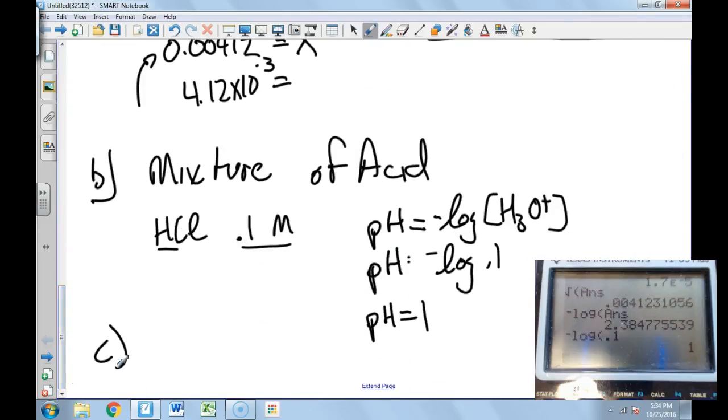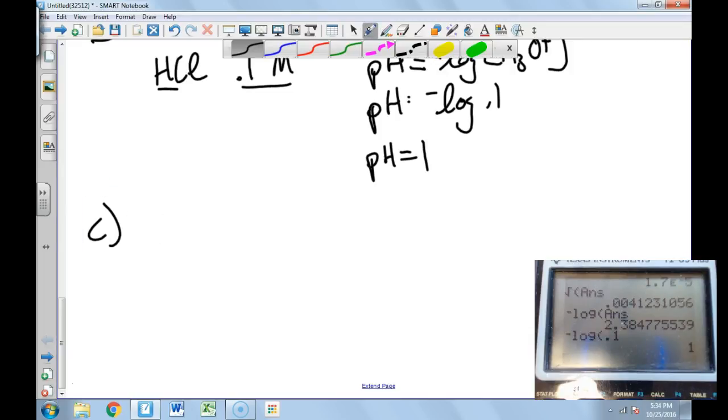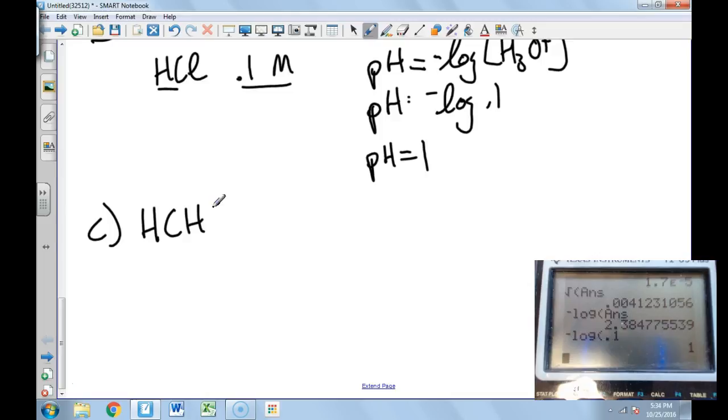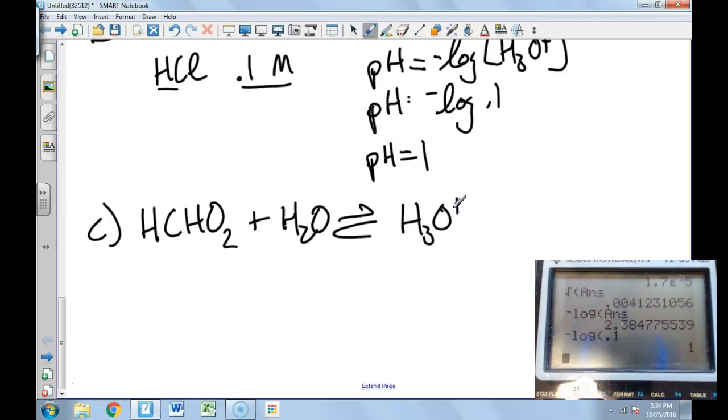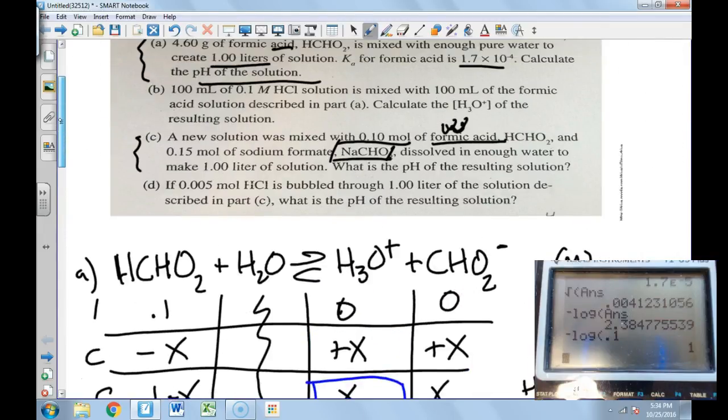So if we know that's going to be a buffer problem, and we're not adding anything to the buffer, we're just mixing the buffer, then we know that we need to do just an equilibrium problem. So again, we're going to do HCHO2 plus H2O in equilibrium with H3O+ and CHO2-.